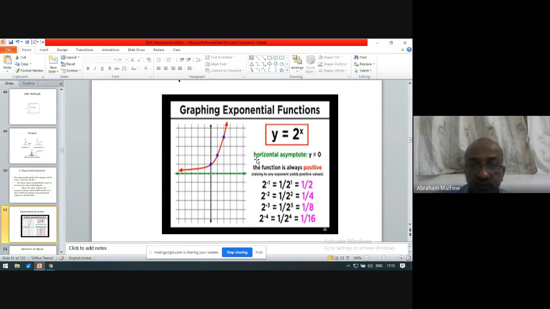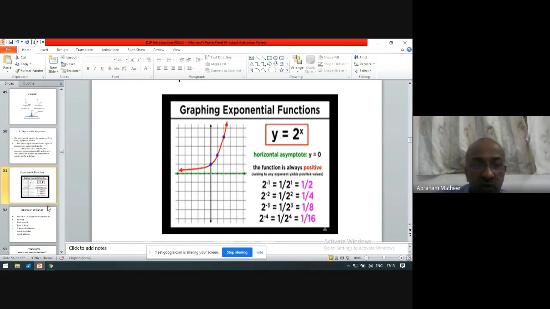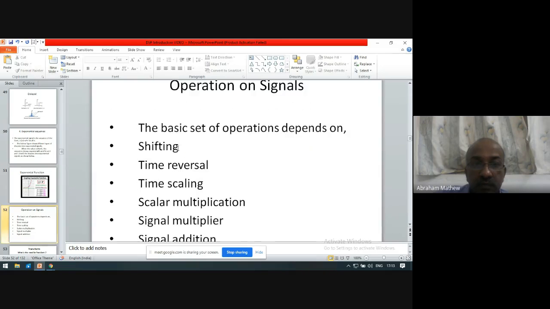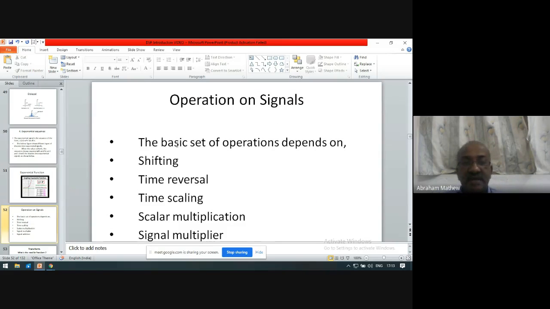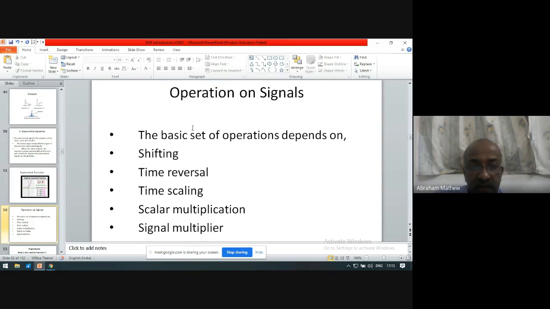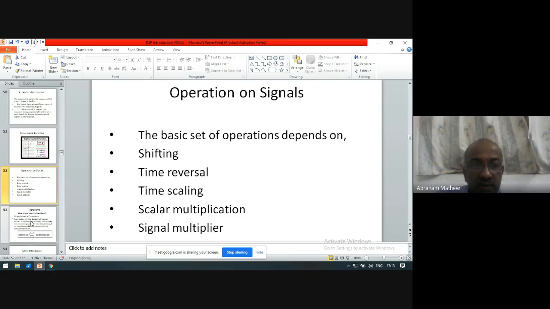By changing the x value, we can have different values for y. There are various operations that we can perform on signals: shifting, time reversal, time scaling, scalar multiplication, and signal multiplier. All these are the various operations that we can perform on signals.